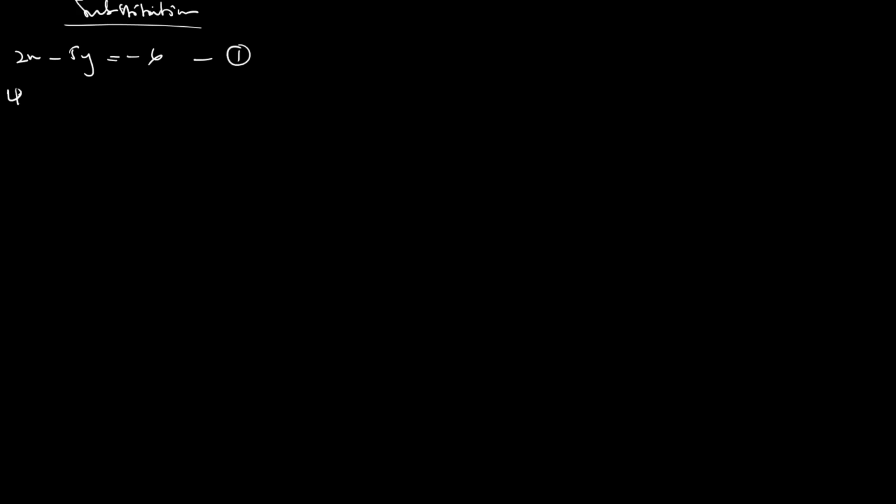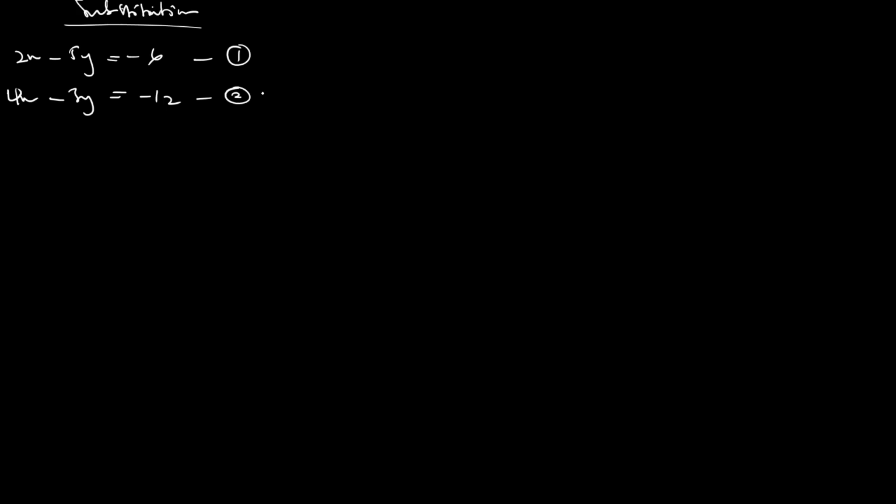Then 4x minus 3y equals to minus 12 being our equation 2. With method of substitution, we need to make one of the variables the subject, right? So we need to express the whole equation in terms of one of the variable. Okay, so assuming you want to express it in terms of x, where x will be equal to another expression.